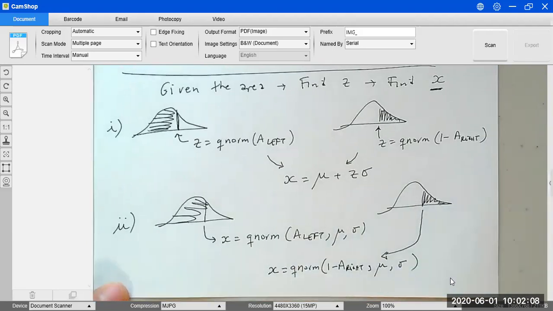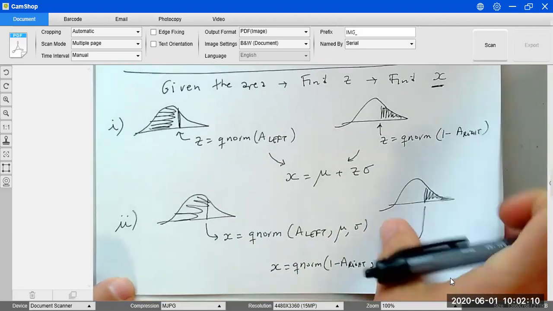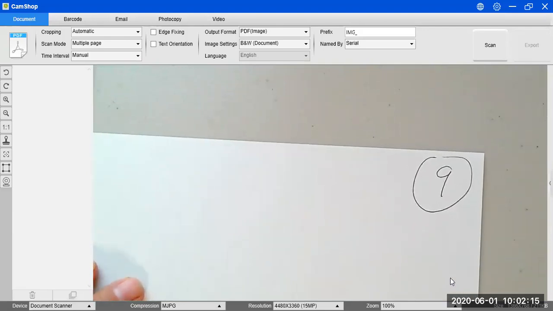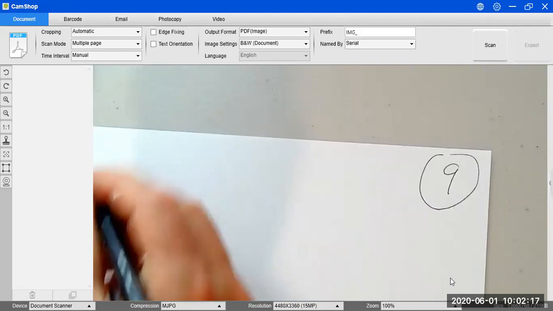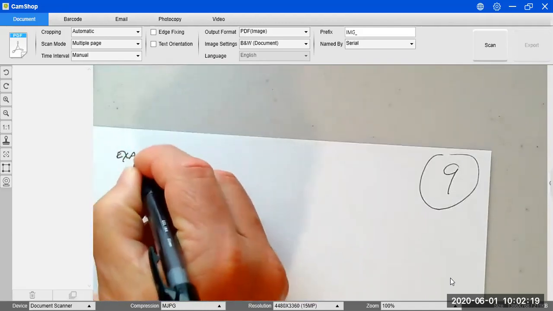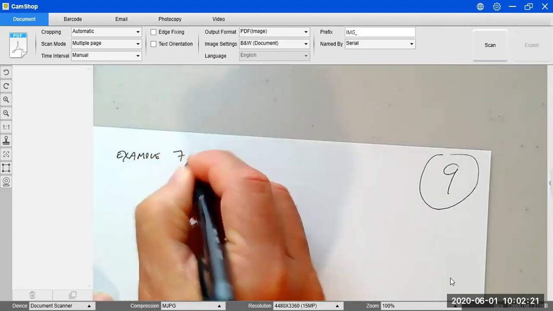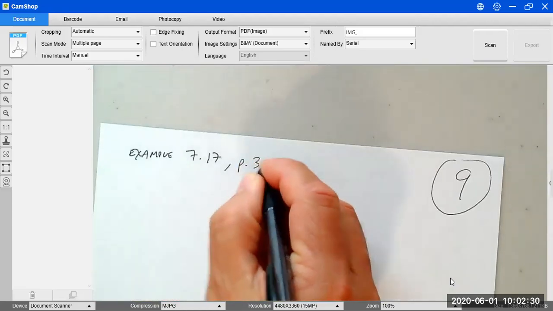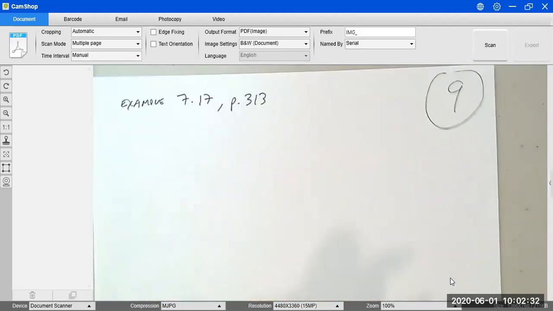The next problem is example 7.17. Let me find problem 7.17. It's on page 313. So let's read the problem.